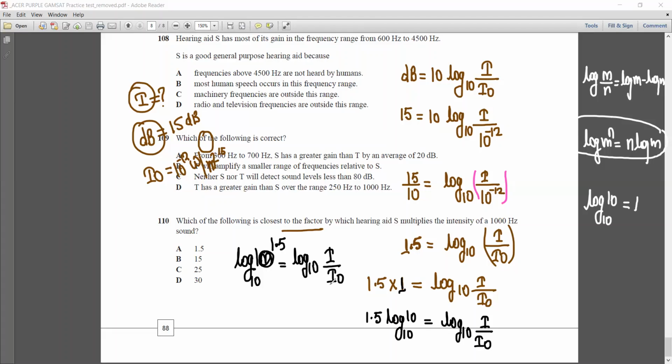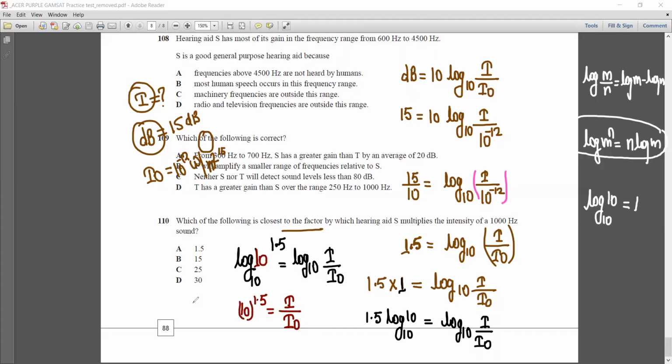So if you have any case like this, then you can compare the values of log on both sides, the value of log on the left side as the value of log on the right side. So the value on the left, 10 raised to the power 1.5, is equivalent to the value on the right, I over I naught. So I over I naught has the value 10 raised to the power 1.5.